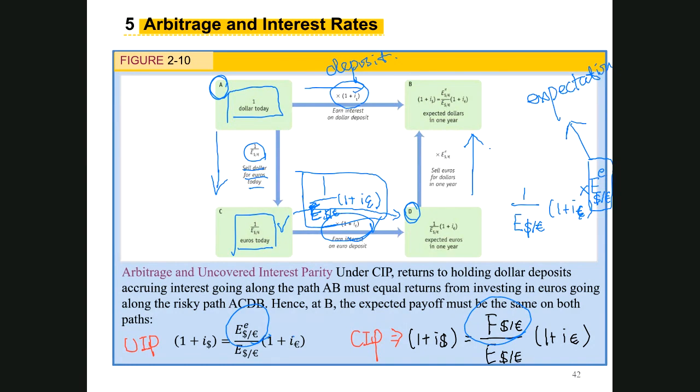Once again, the no arbitrage condition gives us what? 1 plus the domestic return is equal to the ratio between the expected exchange rate and the spot exchange rate times the foreign interest rate, 1 plus the foreign interest rate.